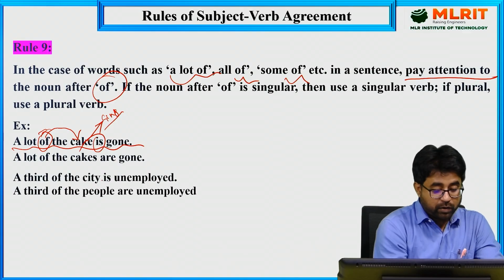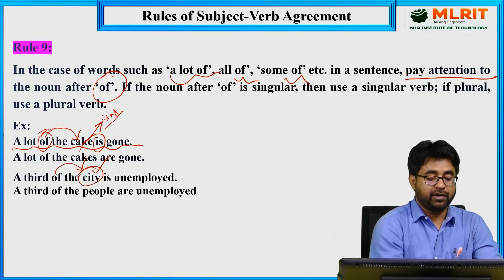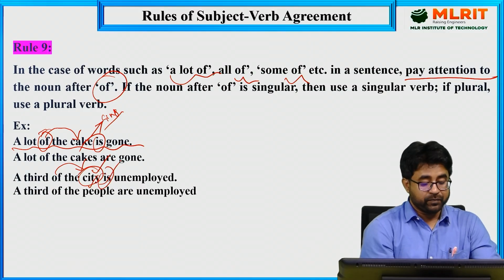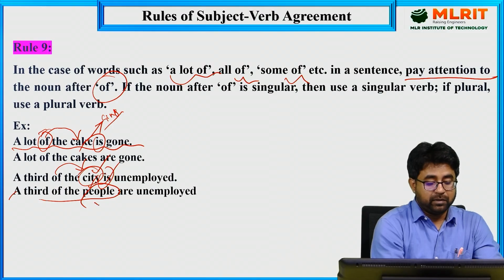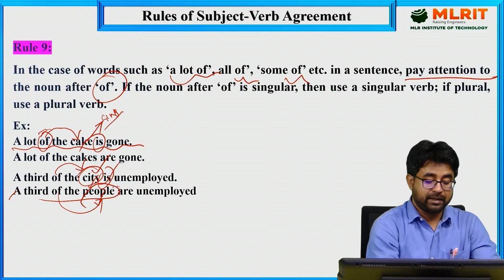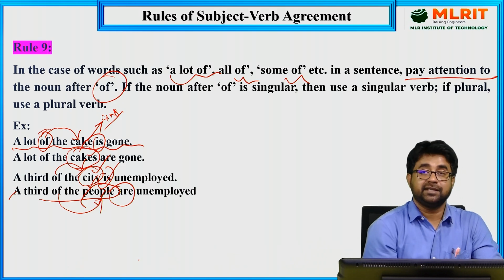A third of the city, you can see. City is singular. After of, the noun city is singular. That's why is. Now here see, a third of the people. After of, people is coming. People is plural, and that's why I'm using are. A lot of the cakes. Here cakes is plural.